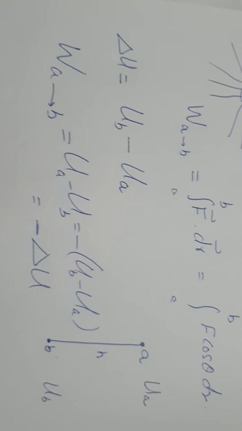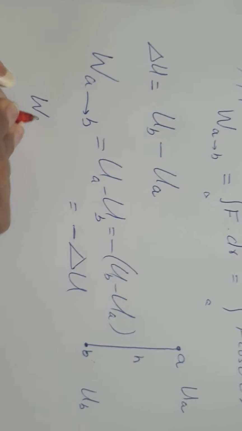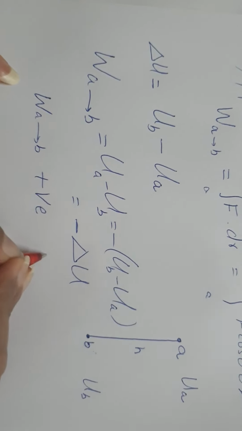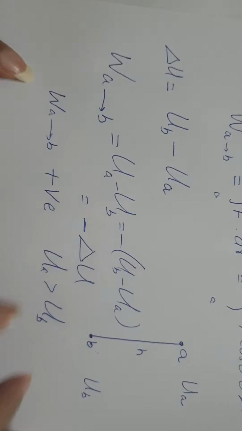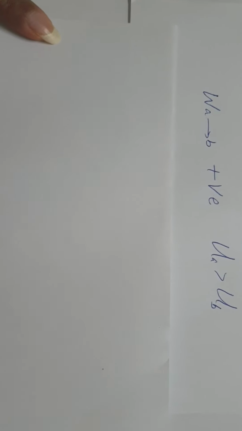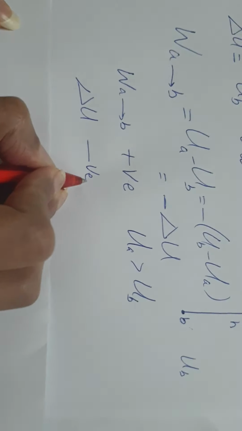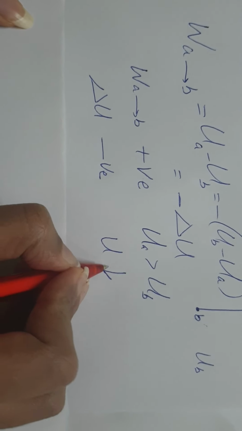Now remember, if work is positive, it means UA is greater than UB. It makes your delta U negative and potential energy decreases.